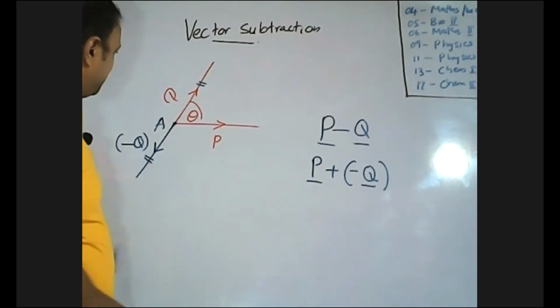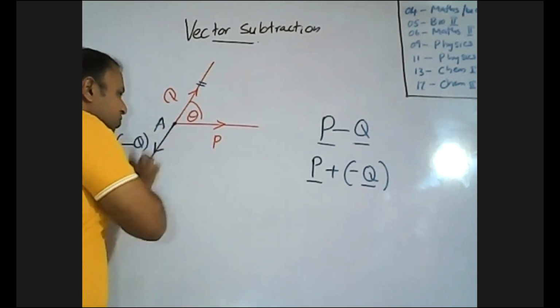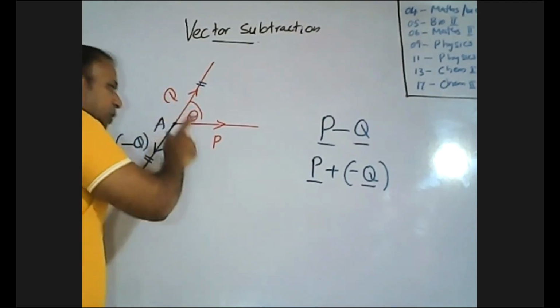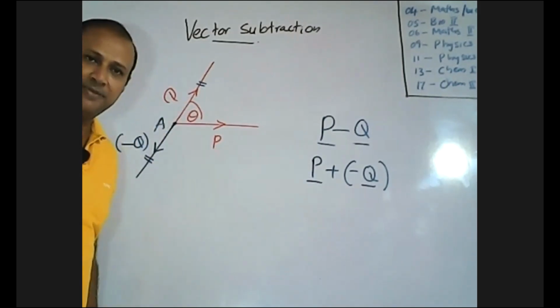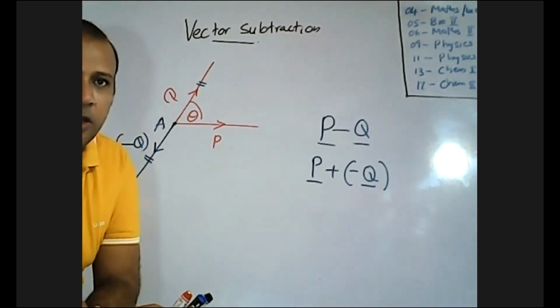Now how to add minus Q and P? Tell me how to add minus Q and P.